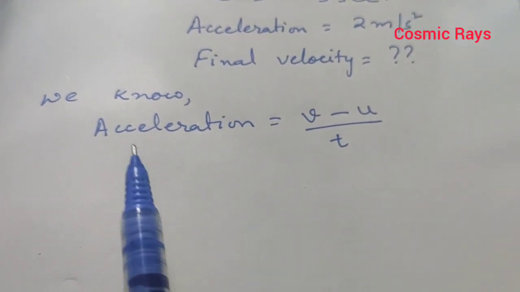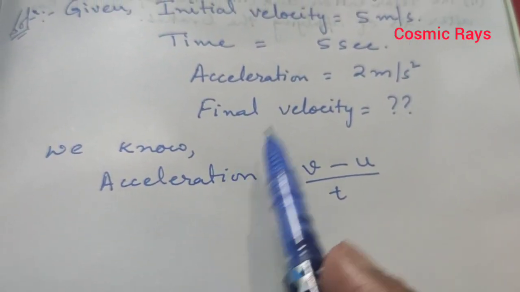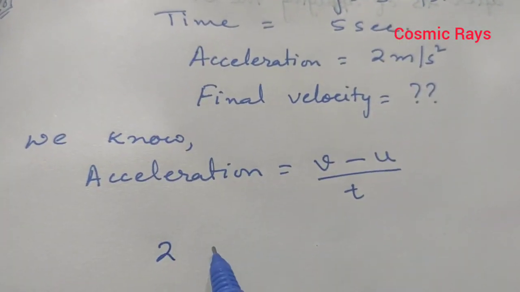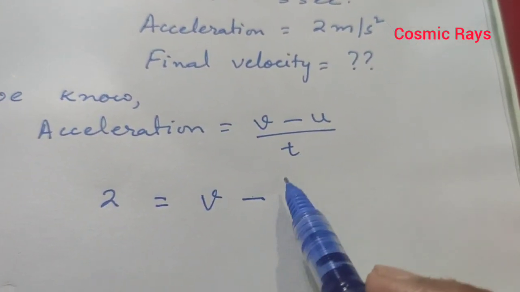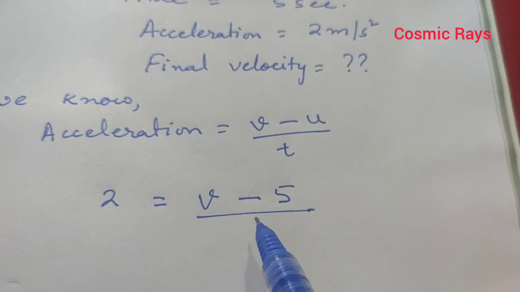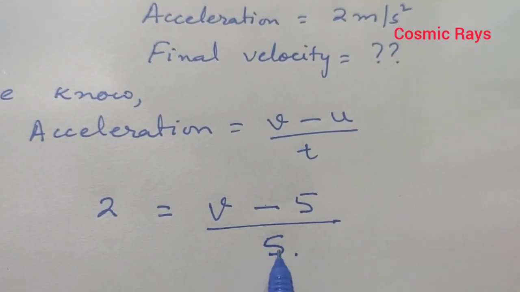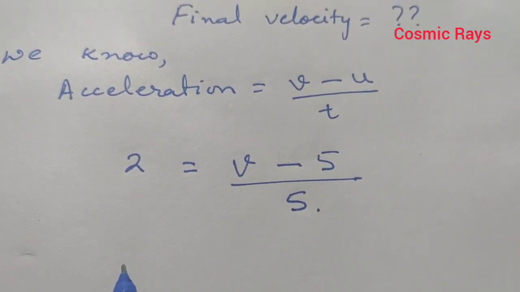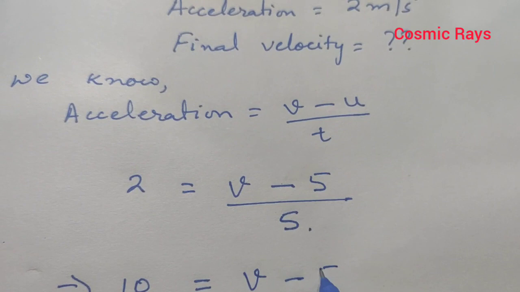So we know the formula. Acceleration is change in velocity upon time. So acceleration given to us is 2 meter per second square multiplied by final velocity we have to find out. Initial velocity is 5 meter per second and the time taken is again 5. So when we cross multiply, 5 into 2 is 10 is equal to v minus 5.